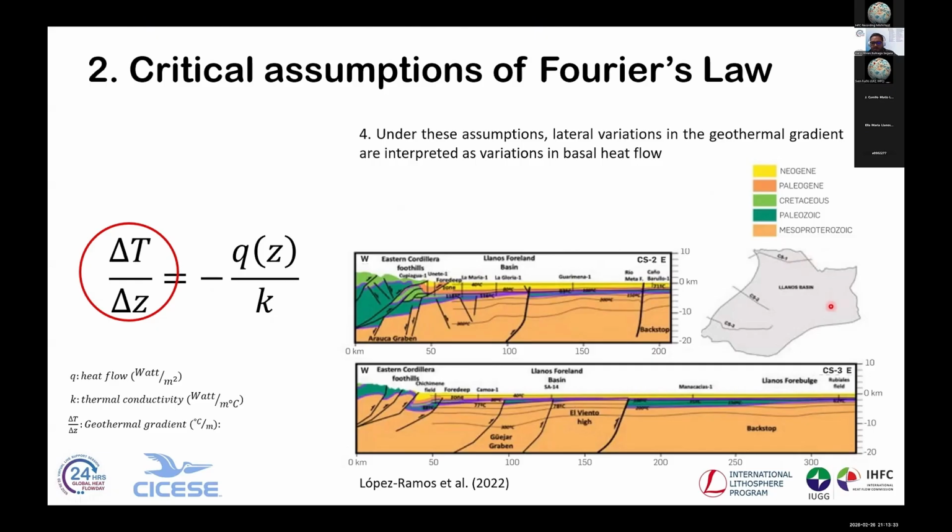In this case, I'm showing you some isotherms calculated for the Llanos Basin. However, you can observe that the isotherms are not sensitive to structural control, for example, the occurrence of faults or even the height of basement. And the variation in thermal conductivity within the sedimentary layer is also not evident in the calculation of these isotherms.